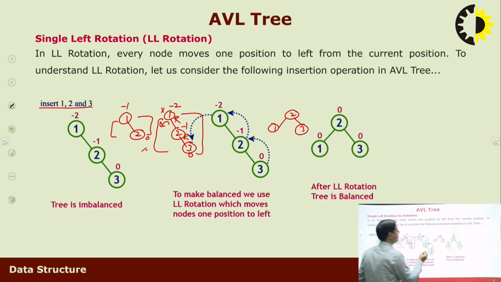Now we can check the balancing factor, this 0, 0, 1 minus 1, 0. That means tree is balanced. So this kind of rotation we are calling LL rotation. We should keep in mind one thing. If we are getting 2R, always we have to apply the left rotation.